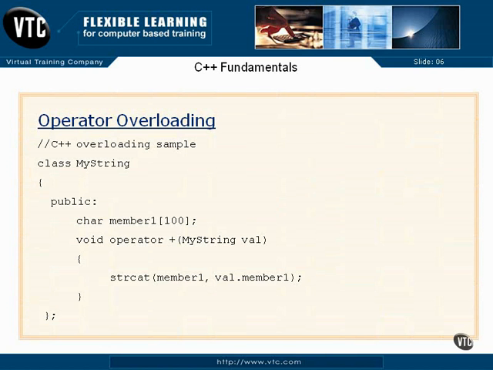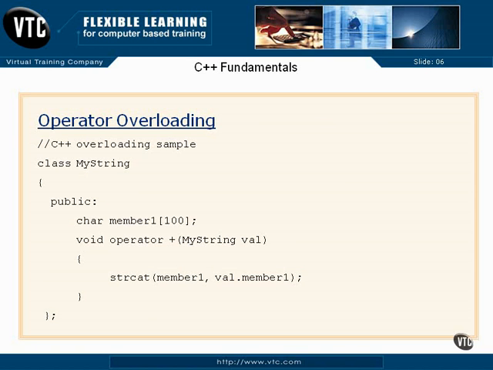So there's a void operator plus. And that's the key. We are overloading the addition or the plus symbol, and it's going to take in another myString value, which is a class of myString. So if we are adding two strings together and pass them into the class myString, there you see what happens.